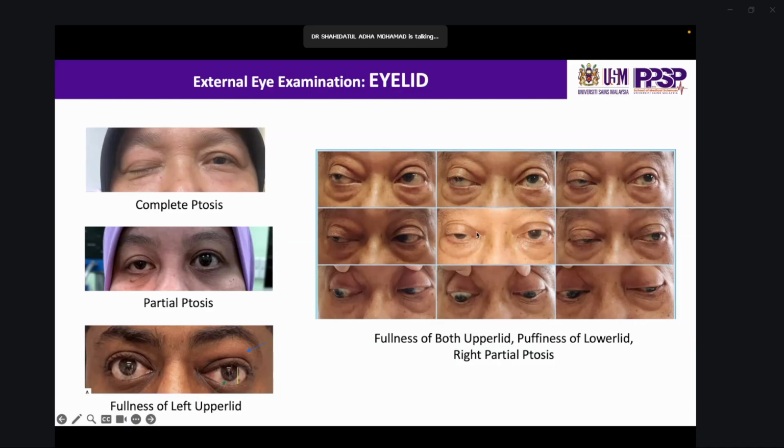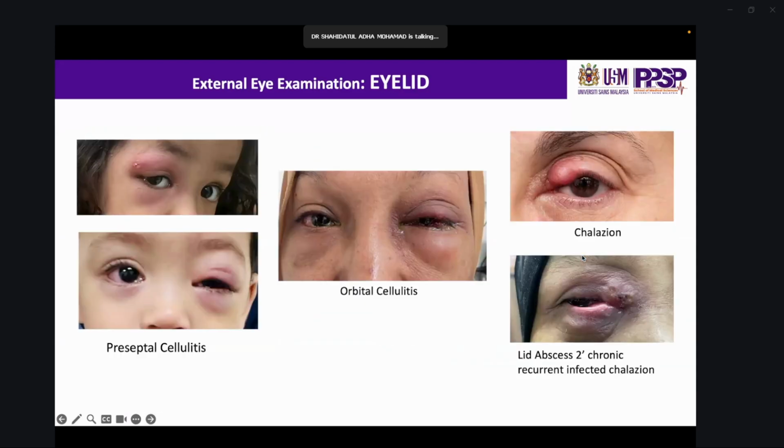This patient has upper lid fullness, also puffiness of the lower lid, with right partial ptosis. So this patient has thyroid eye disease. Thyroid eye disease is not necessarily a red eye. Patients might have some ptosis or some movement restriction of the eye. This patient has limitation of eye movement, and also some proptosis, but not very evident in this one.